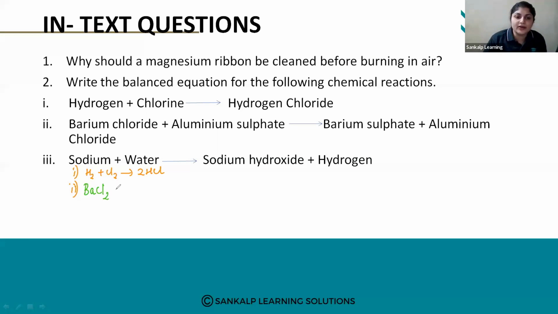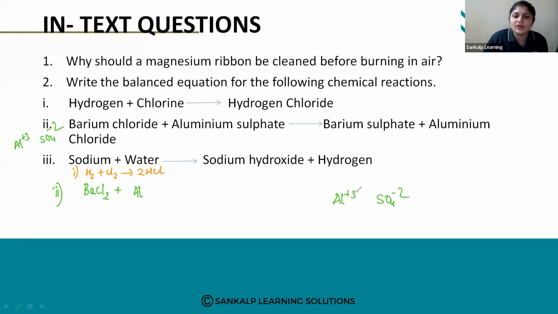Okay, barium chloride plus aluminium sulfate. What is aluminium? Aluminium is Al. What is sulfate? Aluminium sulfate Al. See here, aluminium is plus 3. Sulfate is SO4 minus 2.